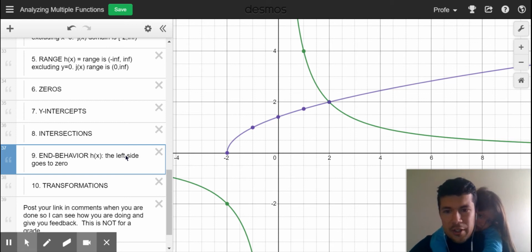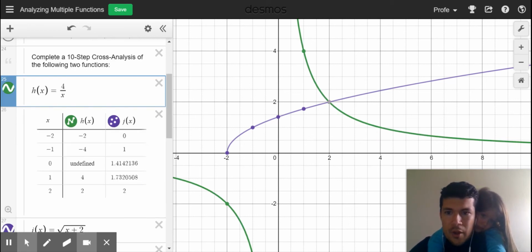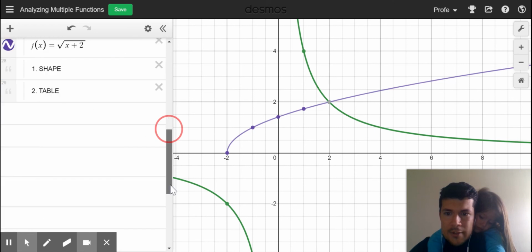If you look at the left side, those values start getting closer and closer to 0. The right side goes to 0 as well. All right, and we're talking y equals 0. If you look at this, all these points get closer and closer to 0.